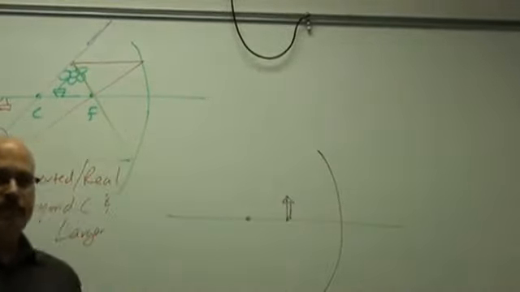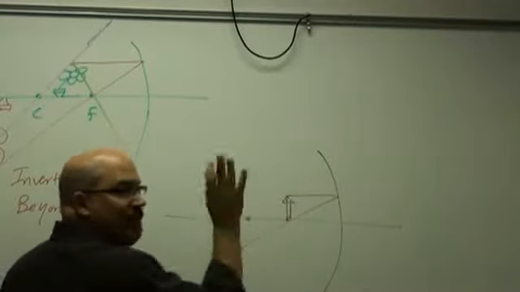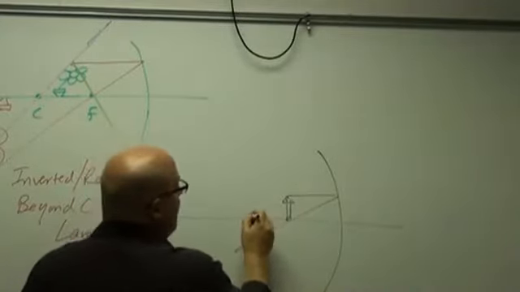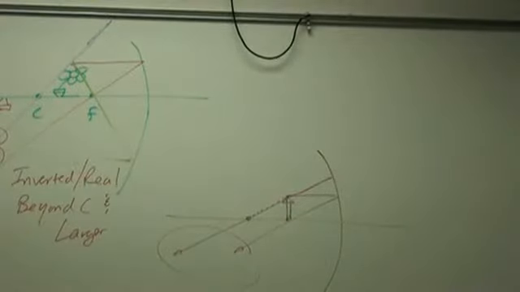Now, notice I really have a hard time drawing one through the focus this time. So let's skip that one. Let's draw one through the center of curvature. So it lines up with the center of curvature, goes in, and then bounces straight back. Now look at these two lines. They're parallel. If they're parallel, do they ever cross? No. So therefore, no image forms.